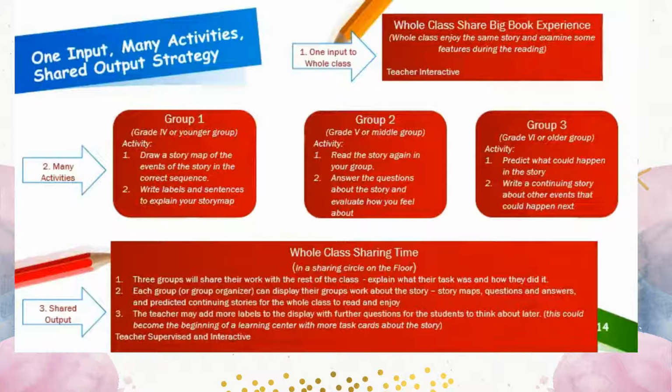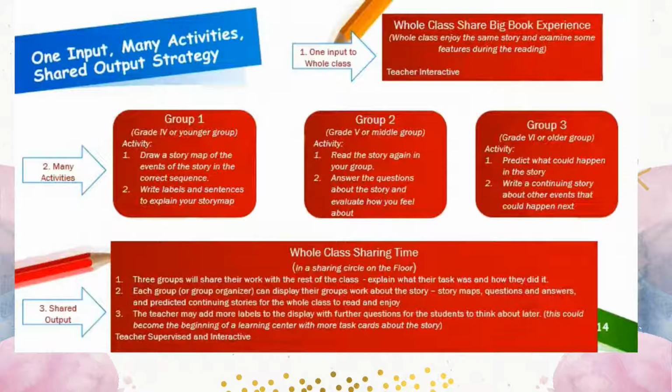The grade 6 group would also have a different activity compared to the previous two groups. The grade 6 group will predict what could happen in this story and write a continuing story about other events that could happen next. They are given a specific time to accomplish the task.